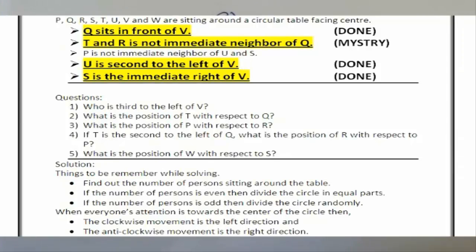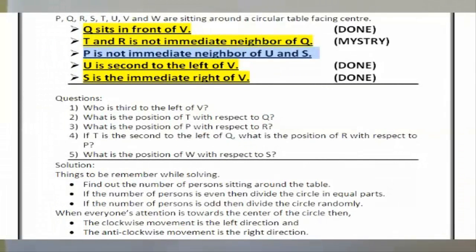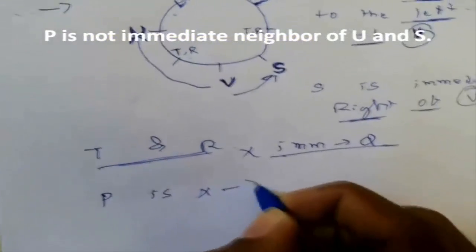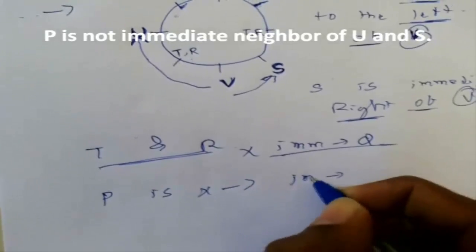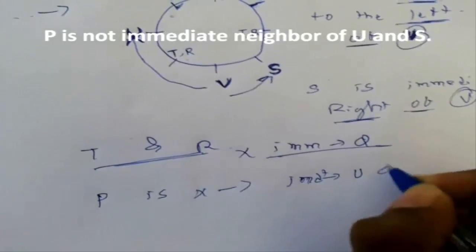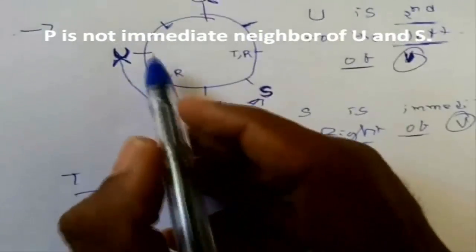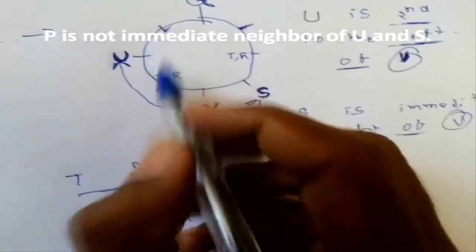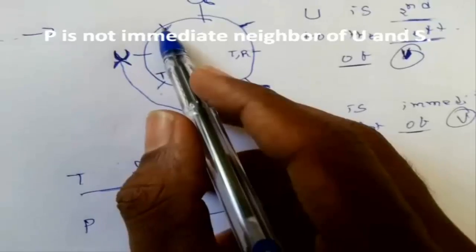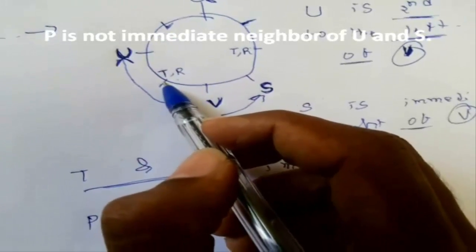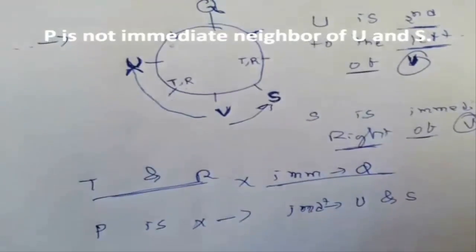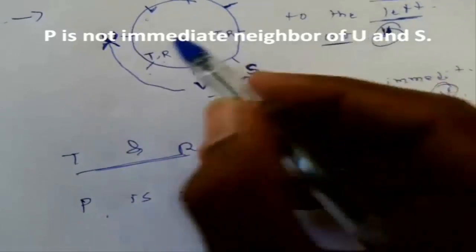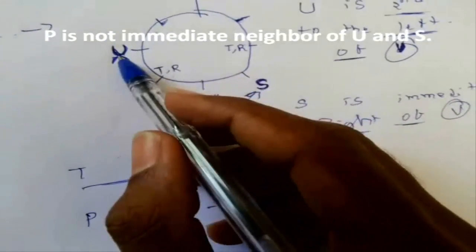Which says P is not an immediate neighbor of U and S. So the immediate neighbors of U are this one and this one, so P will not come here and here.